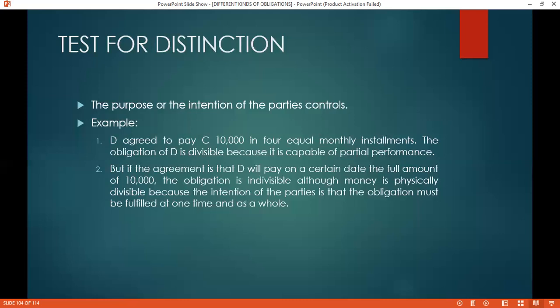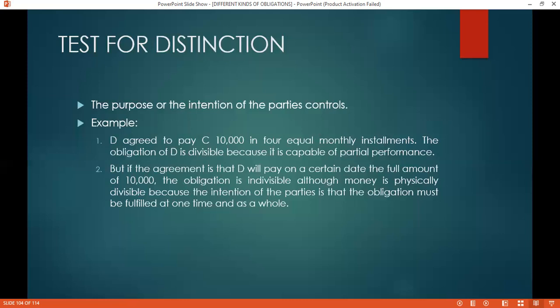But what if, for example, the parties intended it not to be divisible? So, their intention will be controlling, despite the fact that the 10,000 pesos can really be divided into as many shares as there are. But if the agreement is that D will pay on a certain date the full amount of 10,000, the obligation is indivisible.